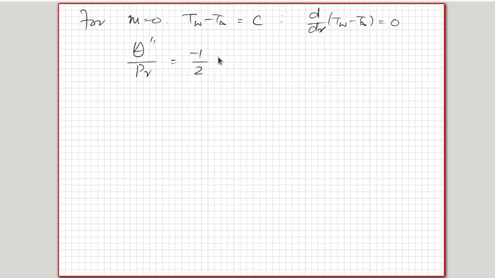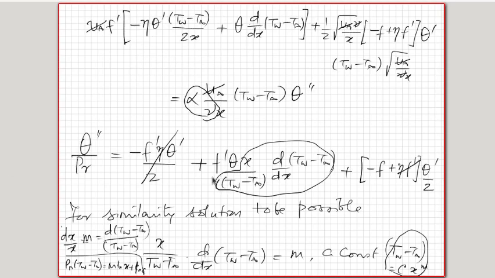For m is equal to 0, T1 minus T infinity is constant, then d by dx of T1 minus T infinity is 0, then theta double prime divided by Pr is equal to minus half of f theta prime. Is that correct? Minus half f theta prime is this.